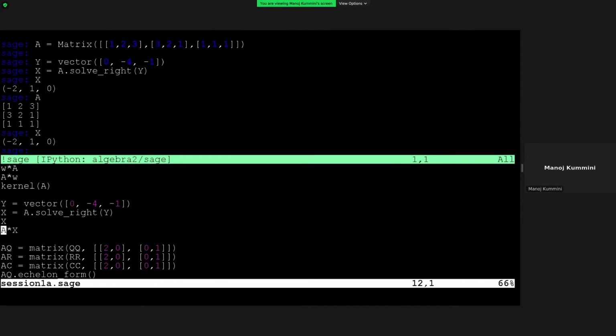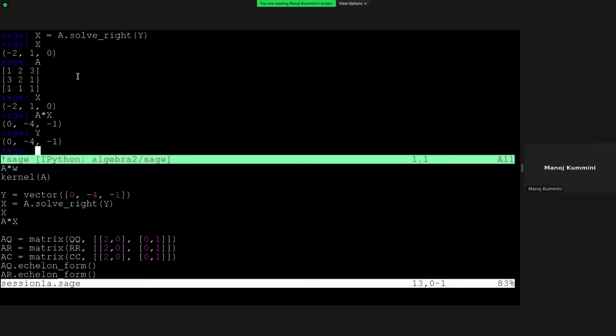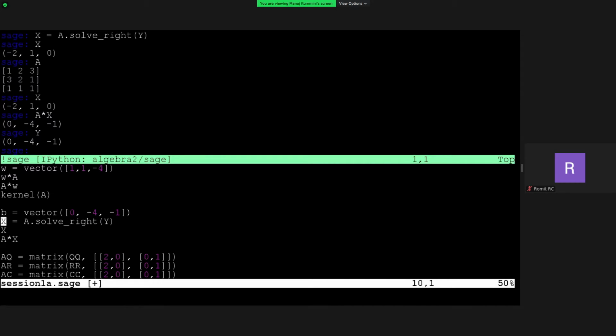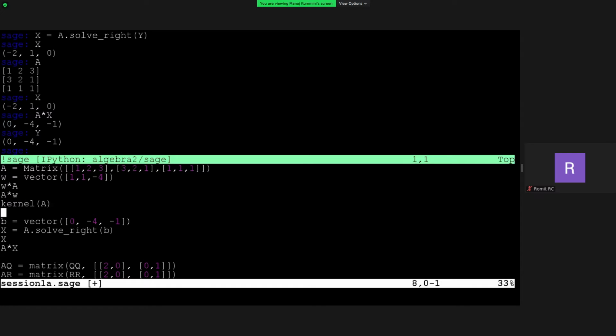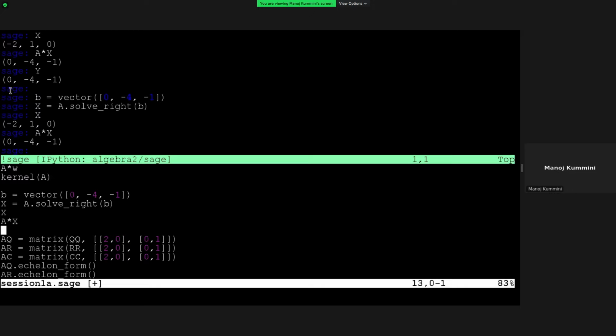So x is this, and then I ask for A times x, which is A times the transpose of x, and that is equal to y. So we just solved it. A times x equals, maybe if I write b it would be better. It just solved Ax equals b. So I think it's fine. Thank you. This is fine? Yes. Okay, yeah.